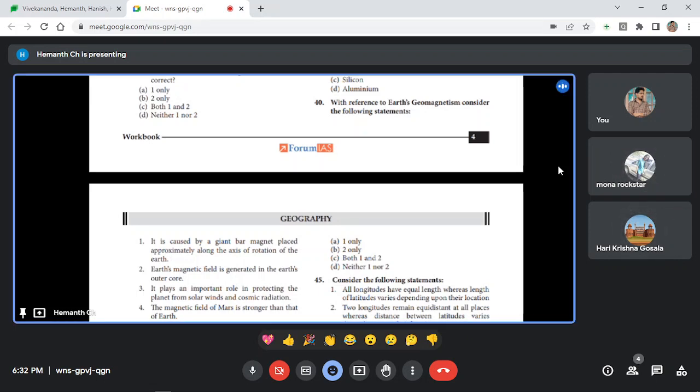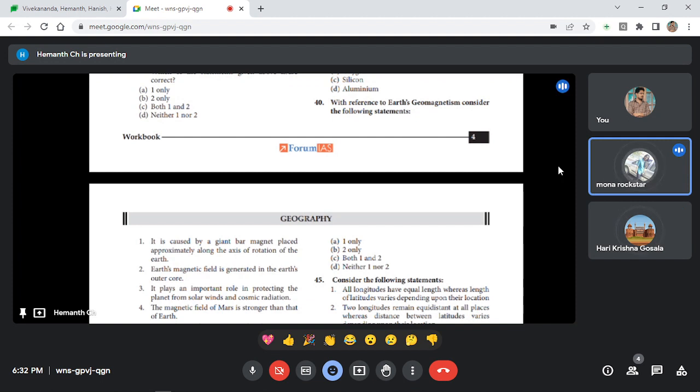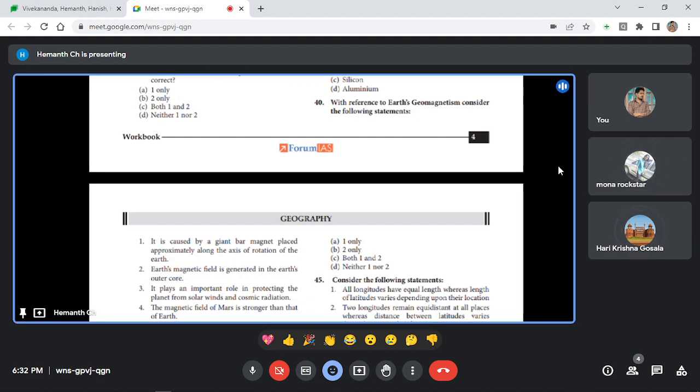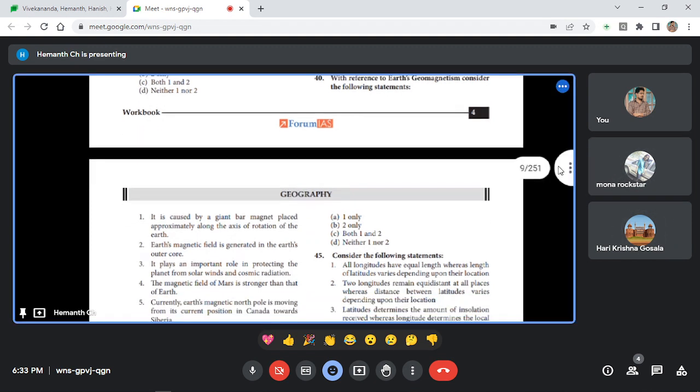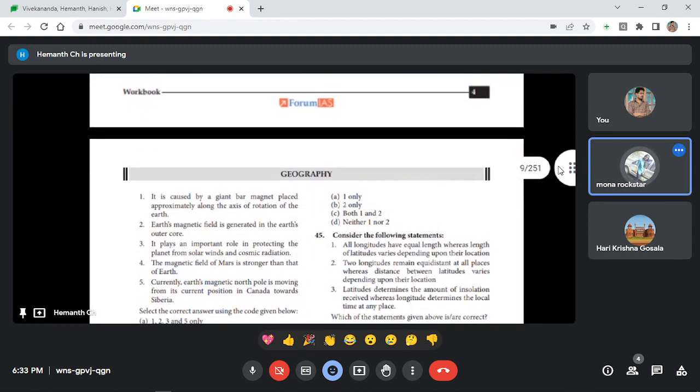Okay, that is not necessary. We have to find out. Fourth option is not correct. The giant bar magnet statement is also not correct. Earth's magnetic field is generated by the outer core, not the crust or mantle. Statement one is really correct. Right.